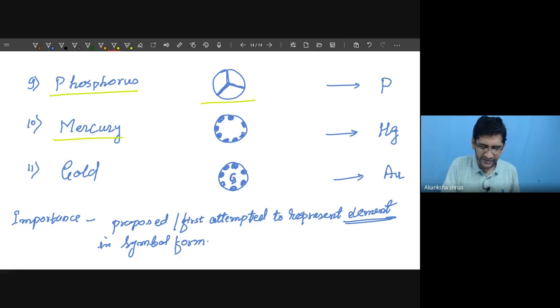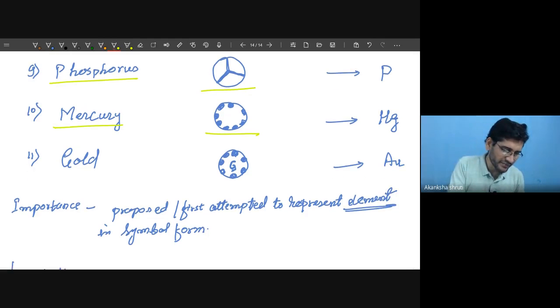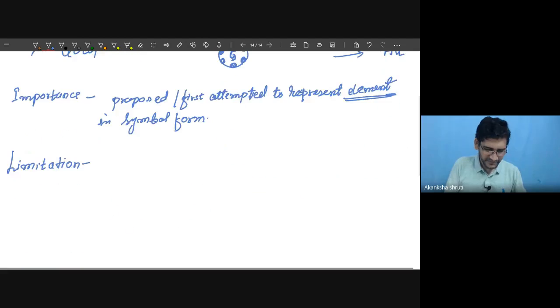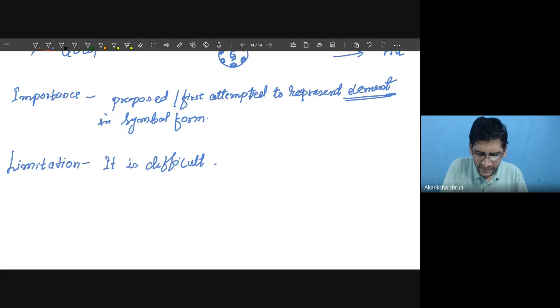And say mercury, are we getting it? Like this. So it was, or it is, difficult to remember.